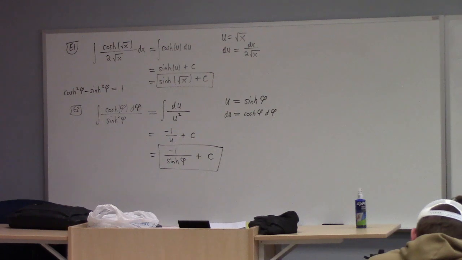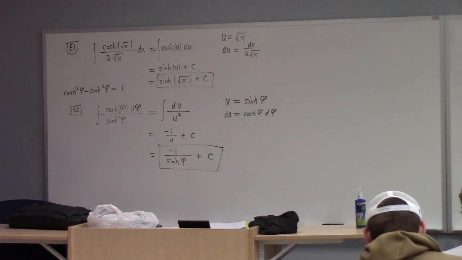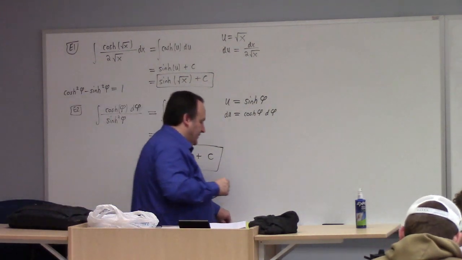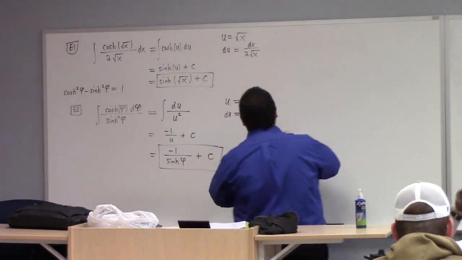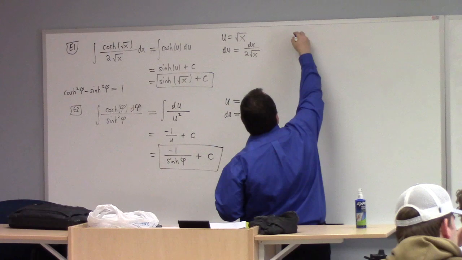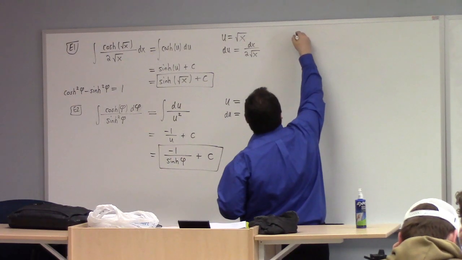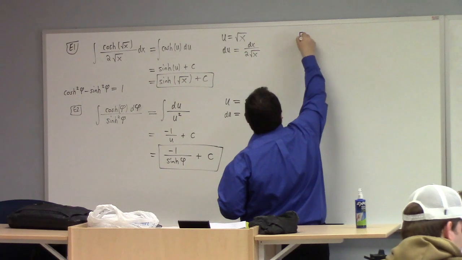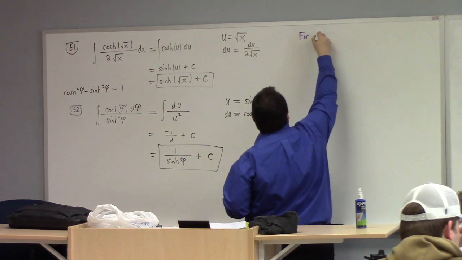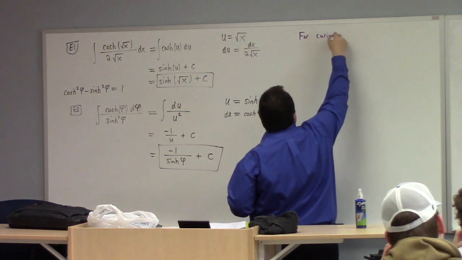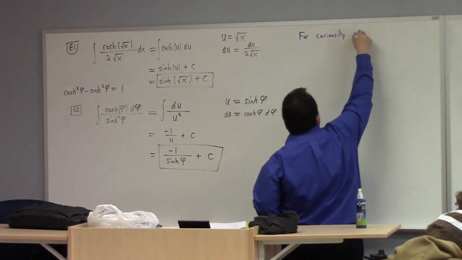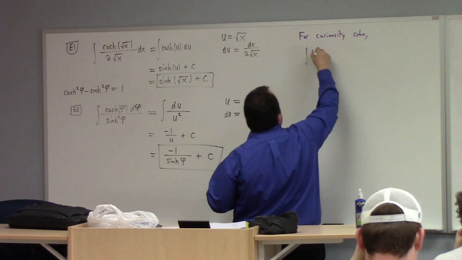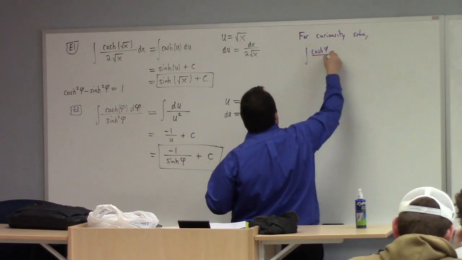So just for giggles, let's think about what would have happened if, now this is not what you were saying, but just for idle curiosity, what would have happened if we'd used that identity?